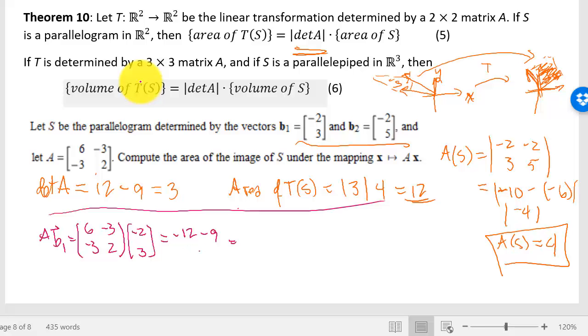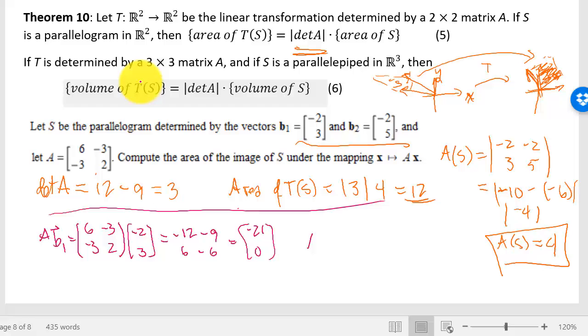So this is equal to -21, and then we have the second component. That's +6 plus 6... that looks like it's going to be 0. So the first vector gets sent to -21, 0.